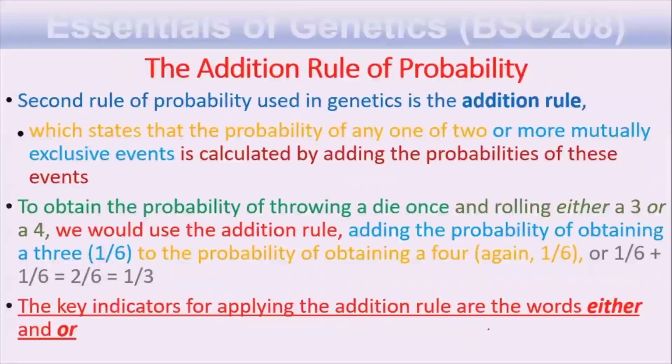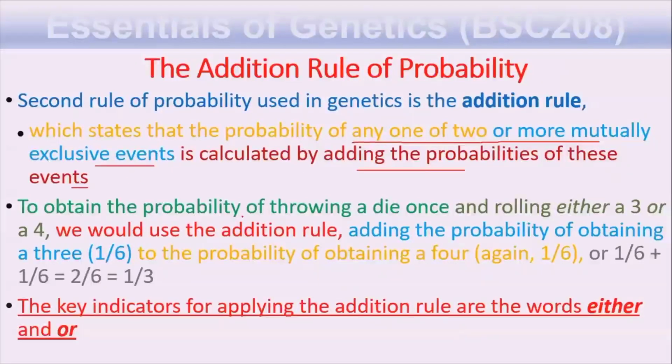And second rule is the addition rule of probability. And it states that the probability of any one of two or more mutually exclusive events is calculated by adding the probabilities of these events.